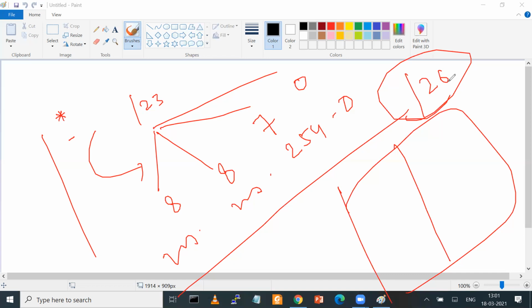So it should be 255.255.255.192. Yes, आ गया.